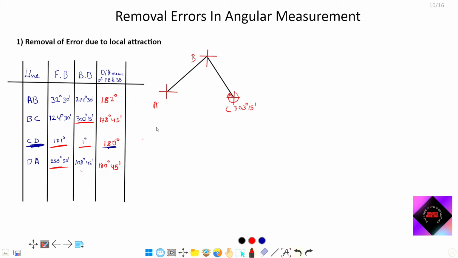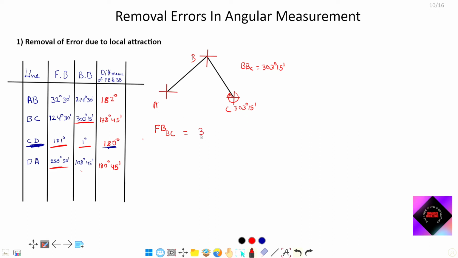So using the concept that the difference between back bearing and fore bearing is 180 degree, I am calculating the fore bearing of BC using the corrected back bearing of line BC, that is 303 degree. Why is it corrected? Because it is measured from the reference station, that is C. So this reading is our corrected reading.